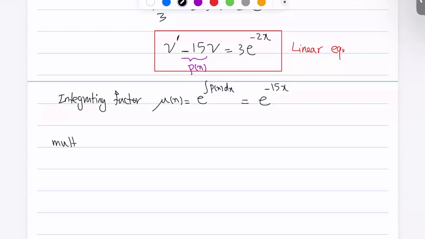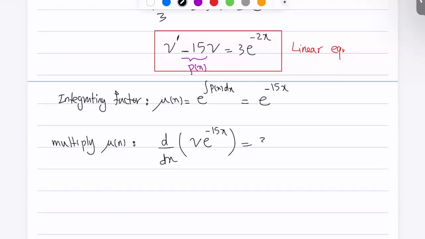Right? And we just need to multiply through by this mu of x, multiply all terms by the mu that we just found, and we're going to get on the left hand side, if we've done this correctly, the perfect derivative d of v times e to the negative 15x dx.